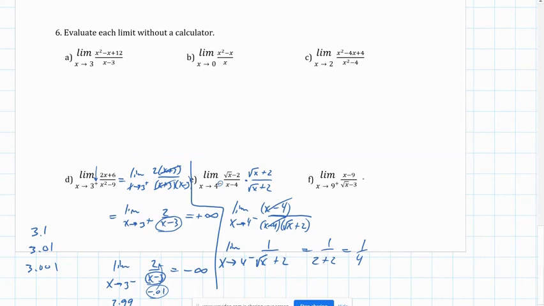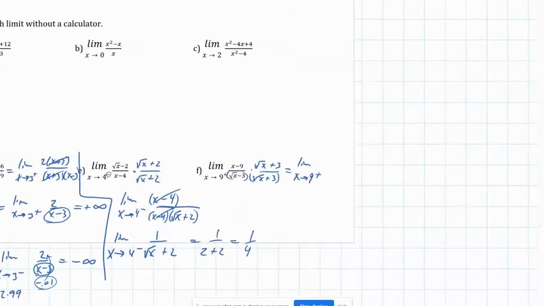And then for the last problem, we can try the same trick. If you try plugging in 9, you'll get a 0 in the denominator. But if we multiply by root x plus 3 on the top and the bottom, then we end up with the limit as x approaches 9, x minus 9 over x minus 9 times root x plus 3.